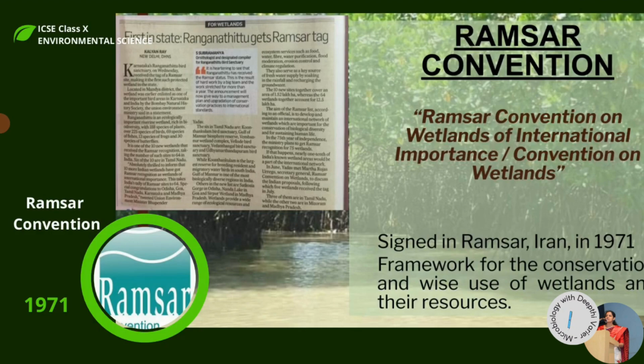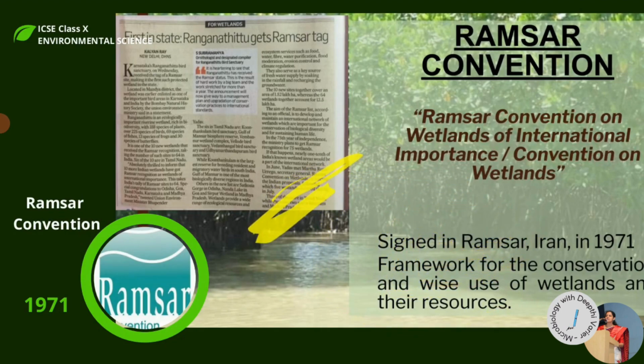This provides a framework for conserving the wetlands, making sure they are used wisely and their resources are safeguarded. Wetlands are very important not only ecologically, but also economically and scientifically.